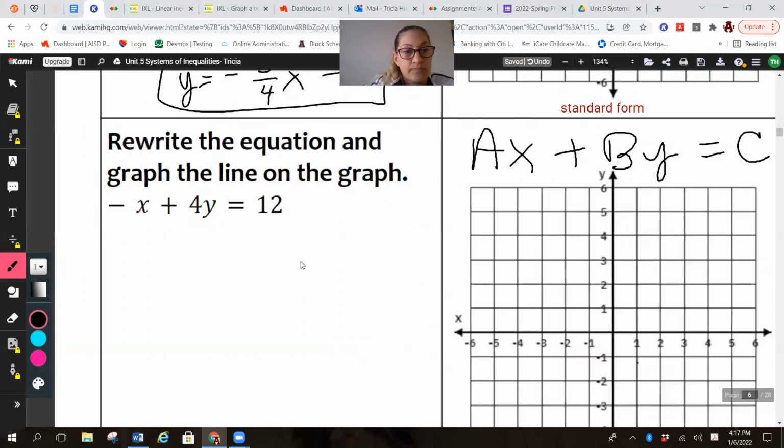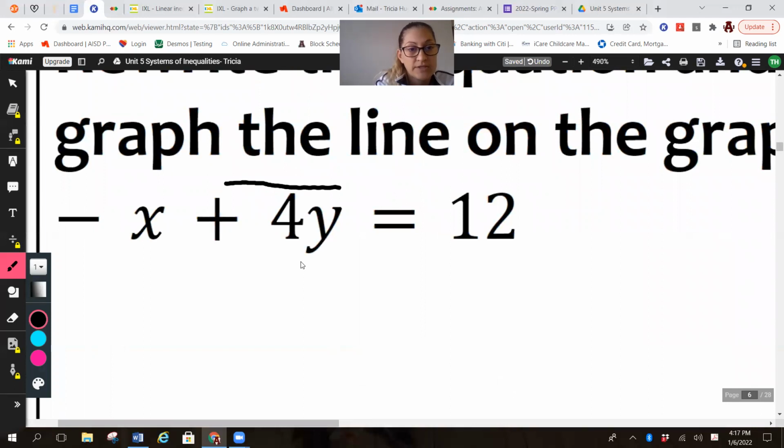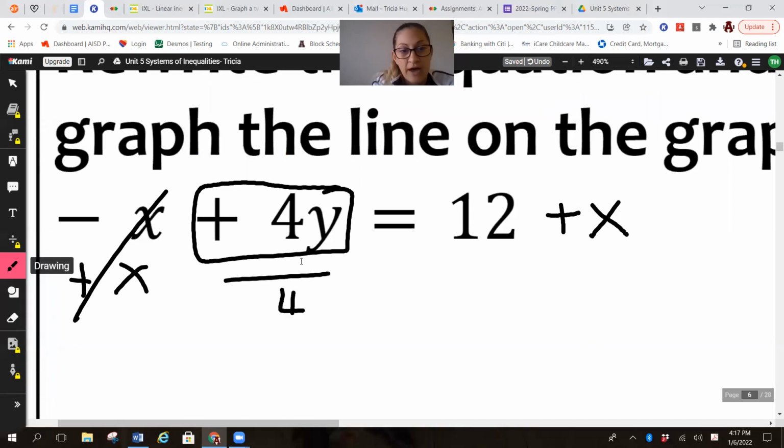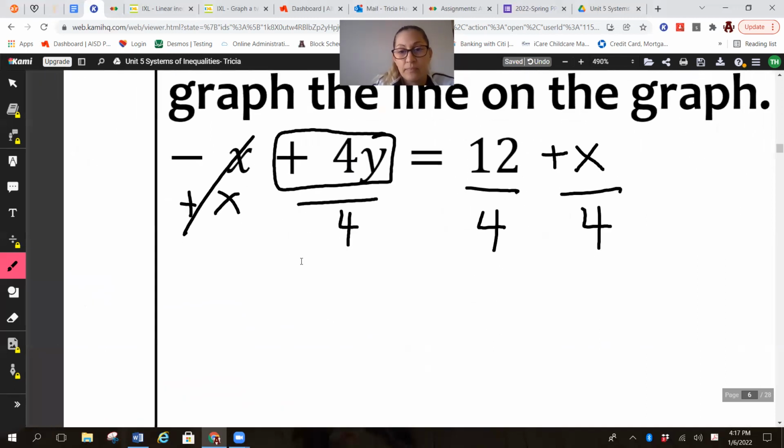Here we go. Box the y, move the x by doing the opposite. Negative plus a positive is 0. Oopsies, don't do that. Now divide by the coefficient of y. Divide, divide, divide.